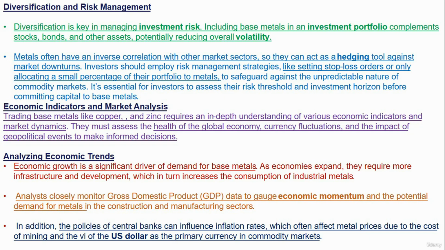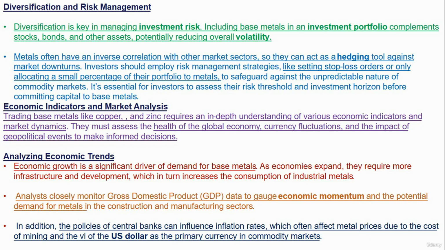Diversification and risk management. As a trader, he should be aware how he can diversify metal and how he can manage the risk. Diversification is always a key element, and base metal in an investment portfolio complements bonds and stocks, and this reduces the overall volatility.